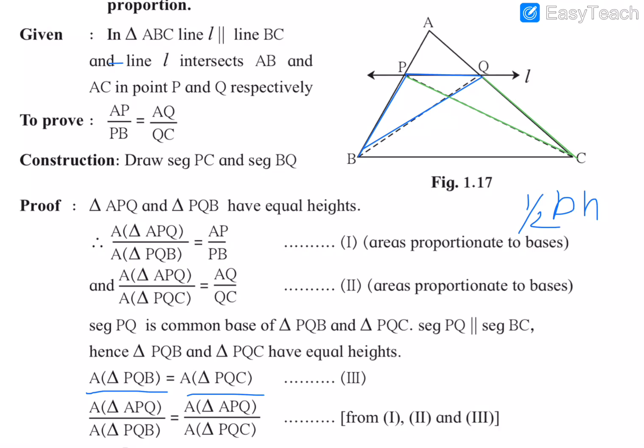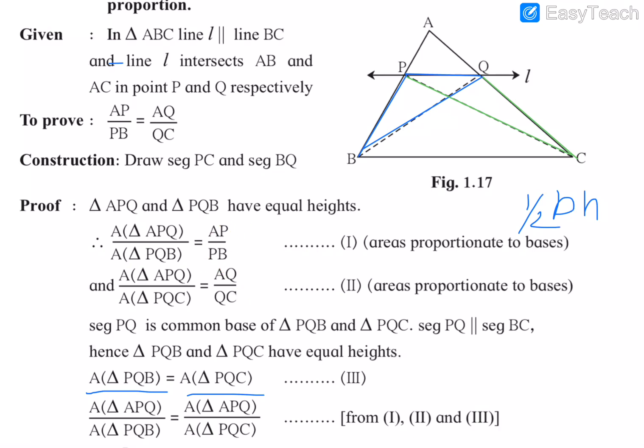So before that, we need to prove in the theorem that the ratio of the line segments AP by PB is equal to AQ by QC. We need to prove that, but we have two conditions here. We have condition 1 and condition 2, AP by PB and AQ by QC. We need to prove these two sides are equal, that is the RHS of these two equations are equal.